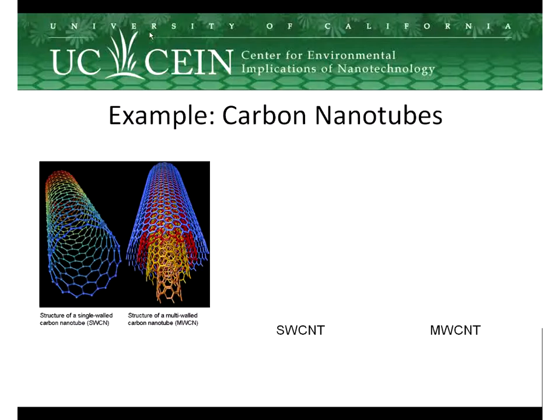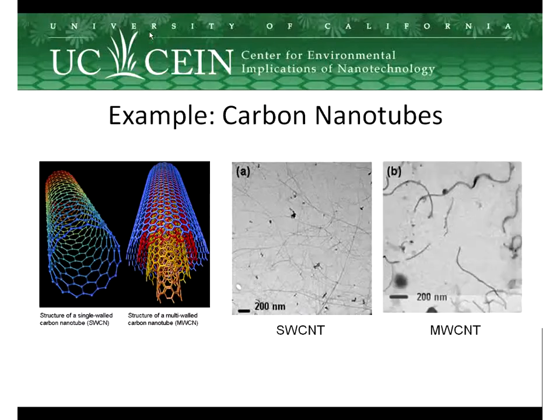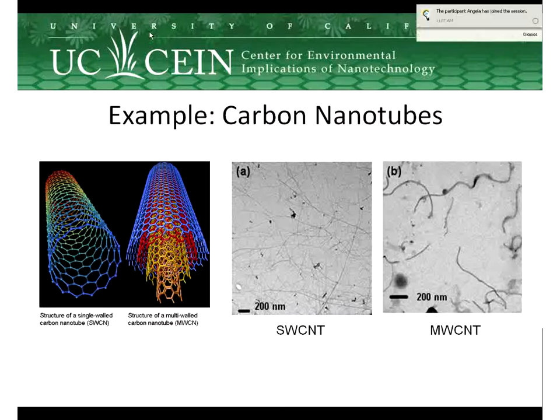Okay, so these are the carbon nanotubes, and we've seen some of these pictures. These are the pretty pictures of what a carbon nanotube should look like, a single wall and a multi-wall. And then these are images that we actually took a couple of years, 3 years ago, of what they actually look like. In reality, once you disperse them, they are not necessarily straight, and we'll show you later that they can be very different from being straight.